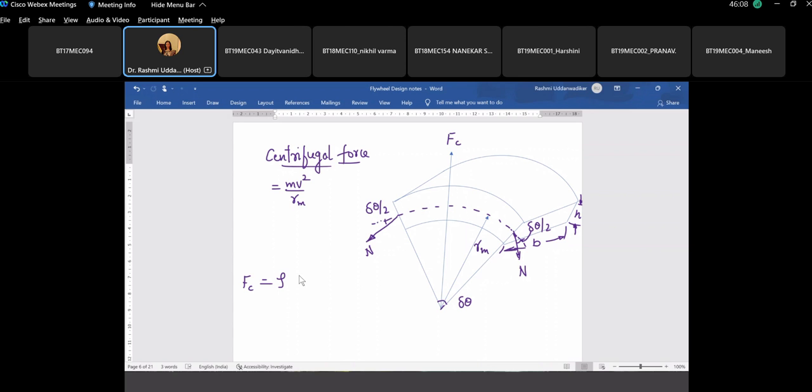Rm delta theta, the length of the arc, into its cross section b h, its linear velocity v square by rm. Is that correct? Mass is density into volume, and volume is this length of the arc into its cross section b h.